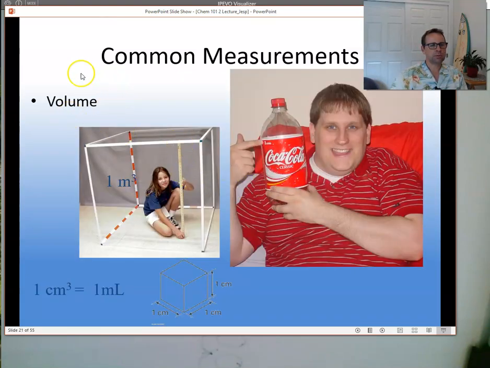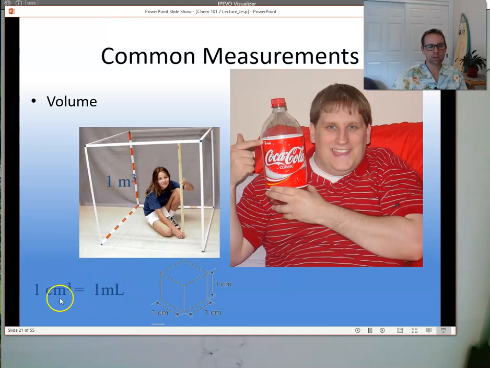In terms of volume, this box that the girl's sitting near is 1 cubic meter. This is 3 liters of Coke that boy is drinking. This is an important one. 1 cubic centimeter, which means a box that is 1 centimeter by 1 centimeter by 1 centimeter, is also identified as 1 milliliter.